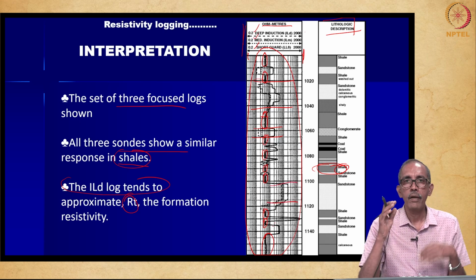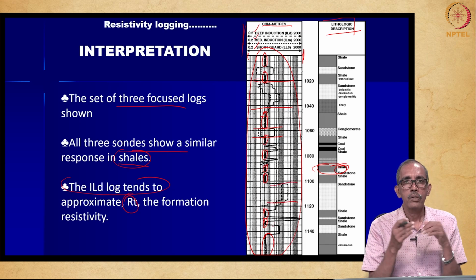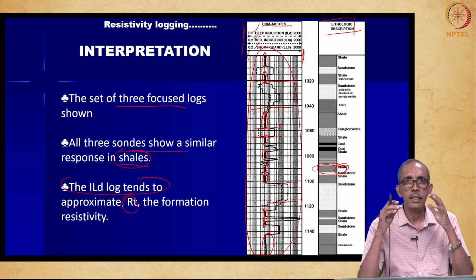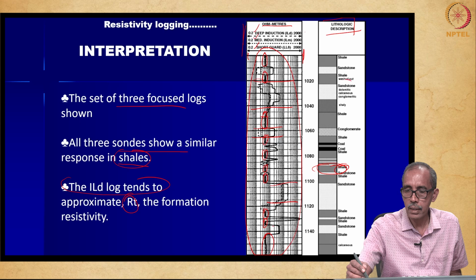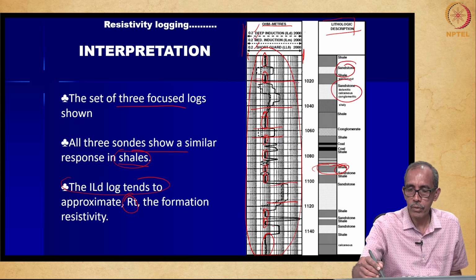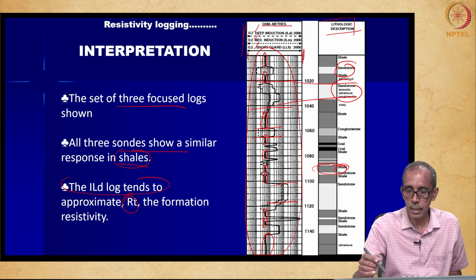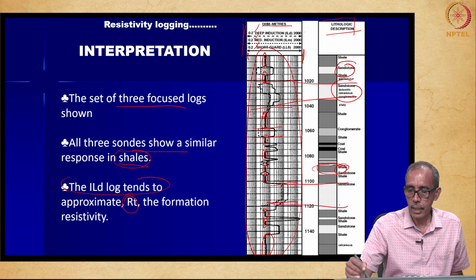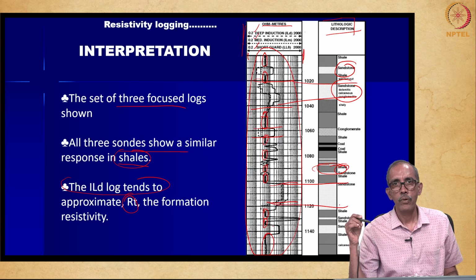Similarly, here, whenever there is some deflection, we can also infer the lithology. Whenever there is a deflection, certainly they are permeable formations. They must be either sand or sandstone. So, wherever there is a deflection, here too there is a deflection, that is a sandstone. Okay.